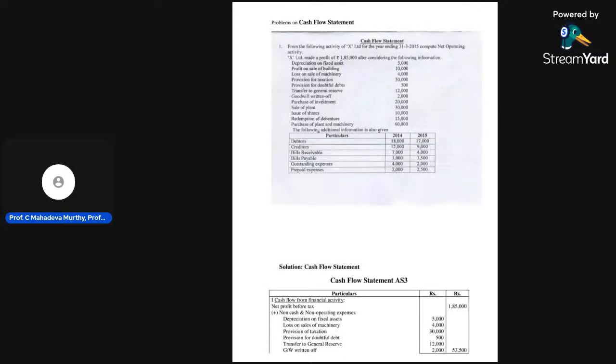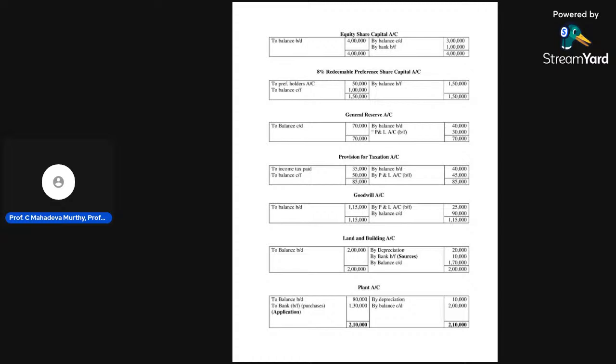Then purchase of plant. See the plant account, the bank balancing figure 1,30,000, that is purchase of plant.